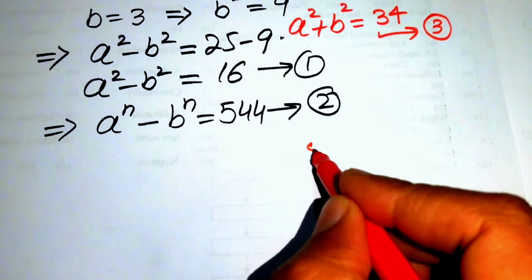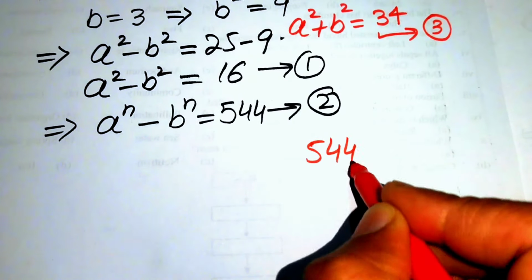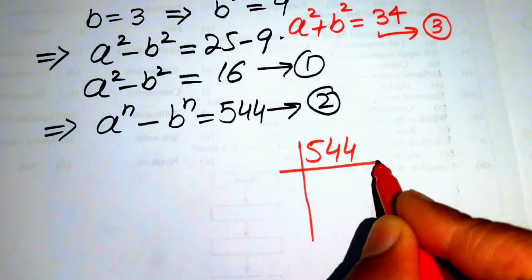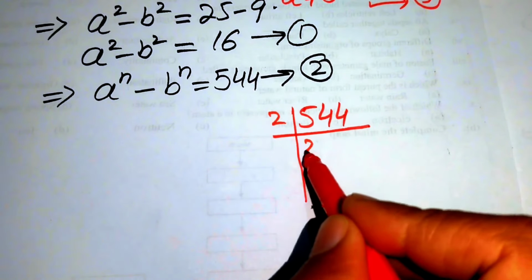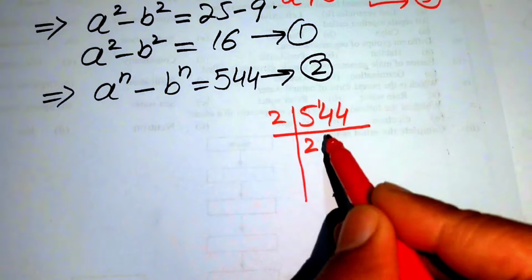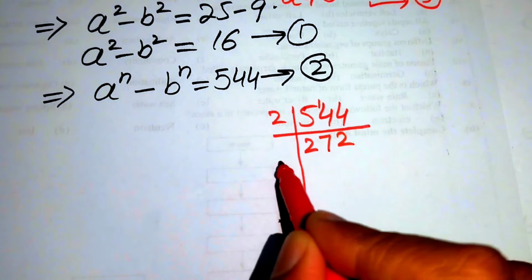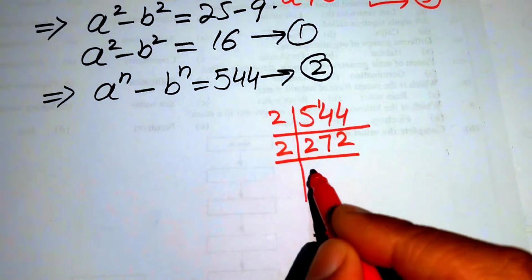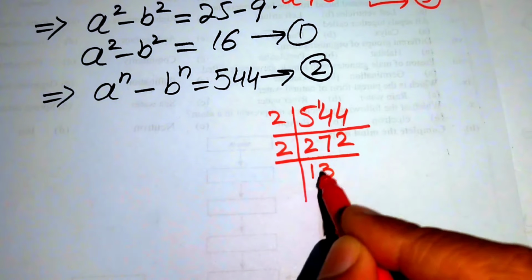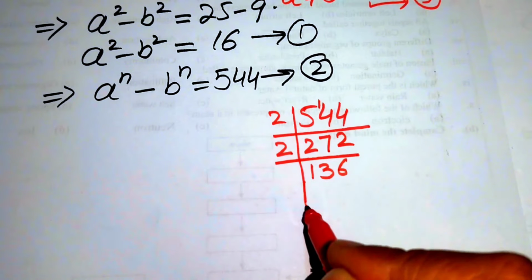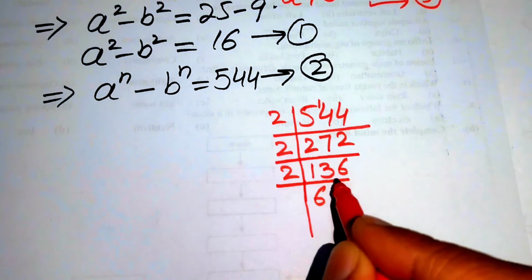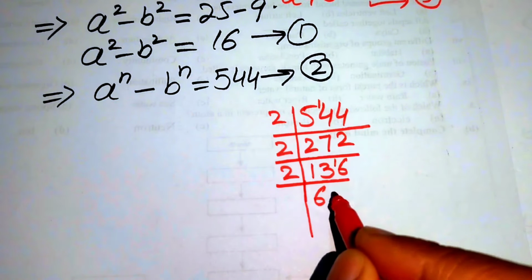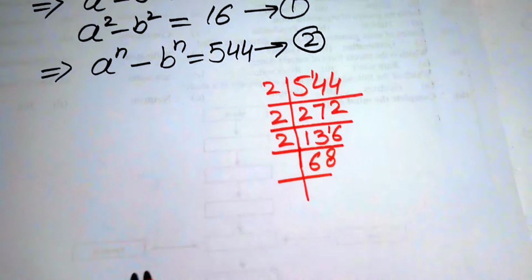Now we move to equation number 2 and focus on the right hand side, 544. We find the prime factors of 544 by dividing it by 2. 2 2s are 4, 2 7s are 14, 2 2s are 4. We again divide by 2: 2 1s are 2, 2 3s are 6, 2 6s are 12, and 2 8s are 16.